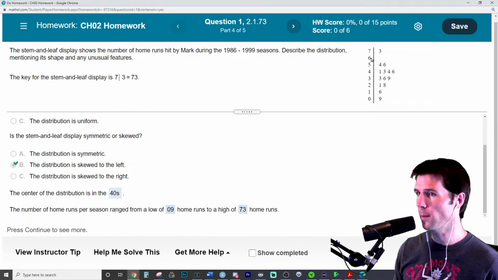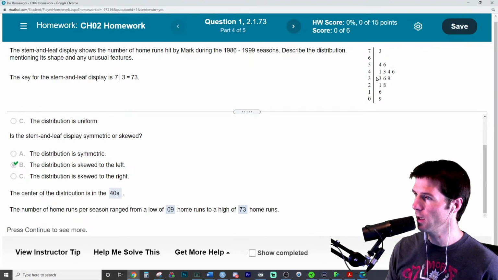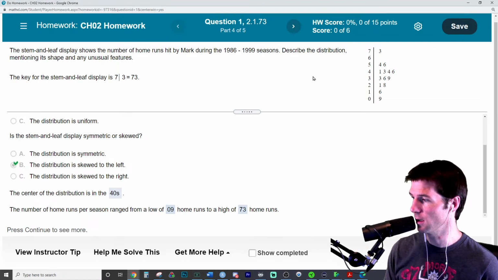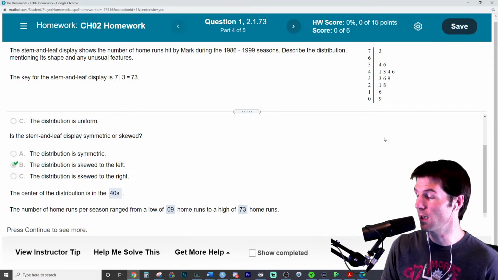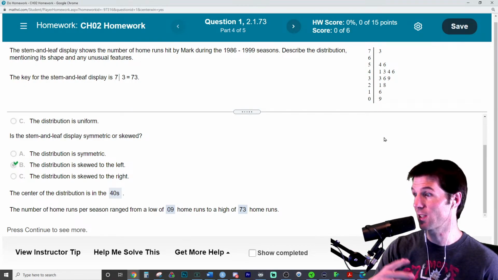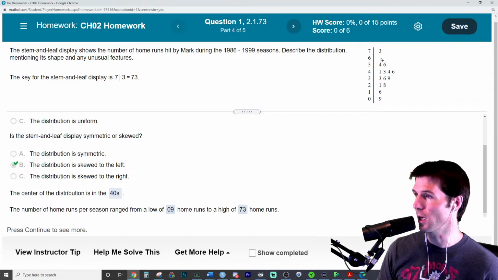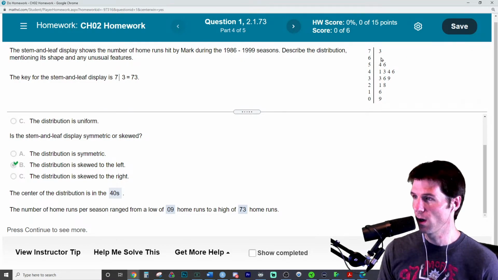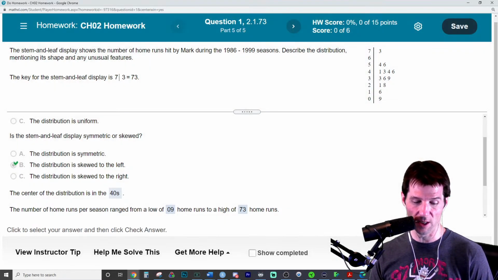So it's like we looked, oh, how many home runs did he hit in 1989? Well, he hit 33. It doesn't tell us that, but we're pretending that's what he hit in 1989. No, he didn't hit any home runs that had amounts in the 60s. So there wasn't a season where he had like 62 home runs. So it's just no data right here. You said he had 73 one season, 54 one season, 56 one season. He never had a season where he hit 60-something home runs.